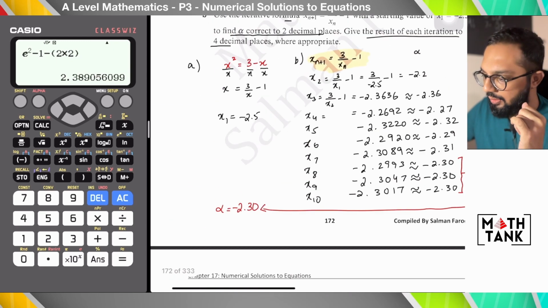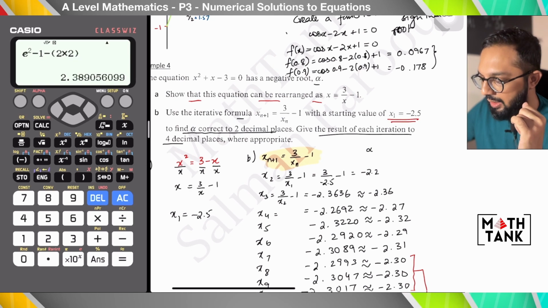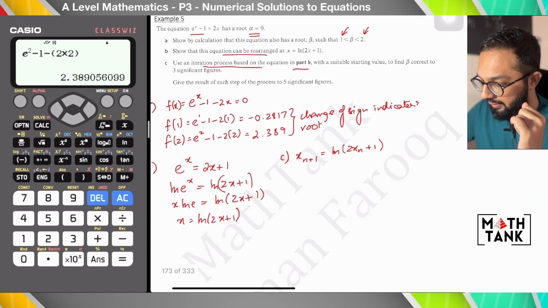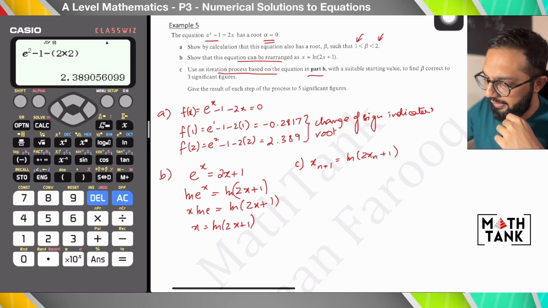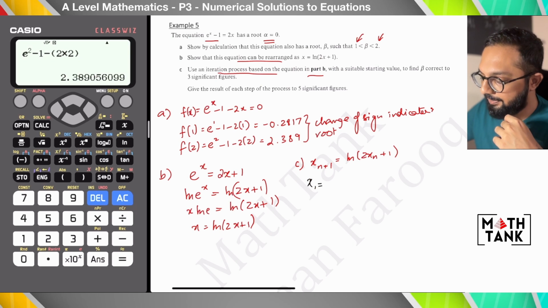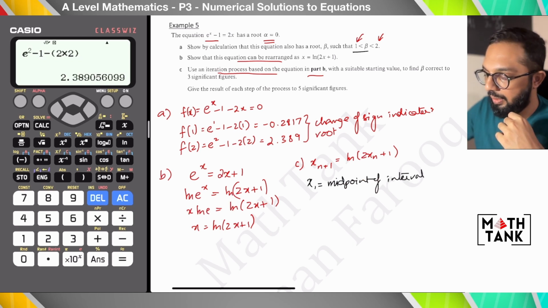Now in the previous question I had a starting value of x1. This one doesn't give me a starting value as well, but it says use the iterative formula. So what is my x1 going to be? x1 is going to be the midpoint of the interval. The interval that I've given you, 1 and 2.